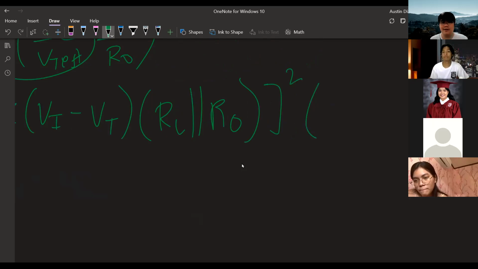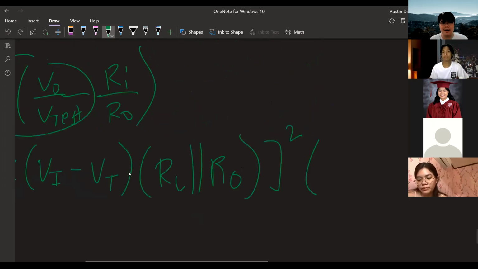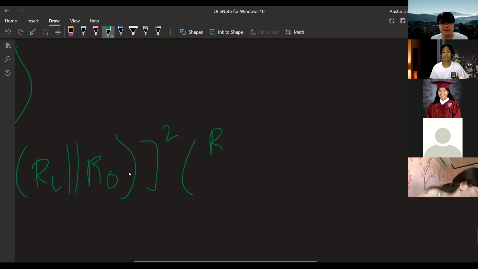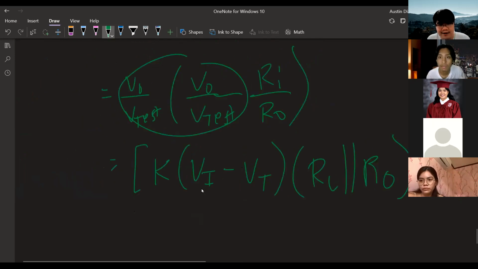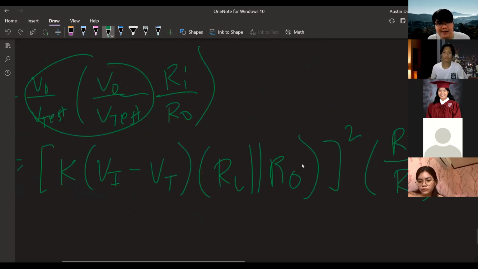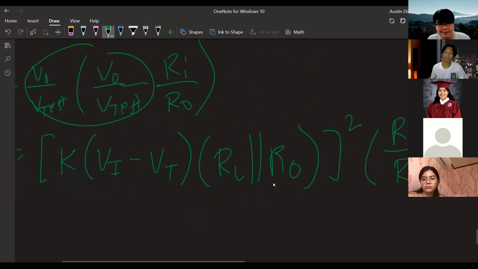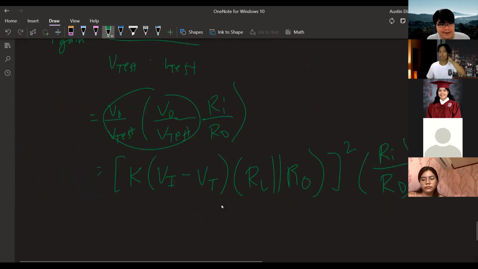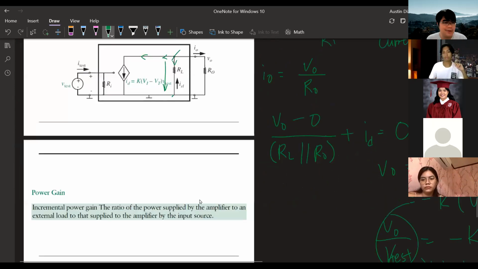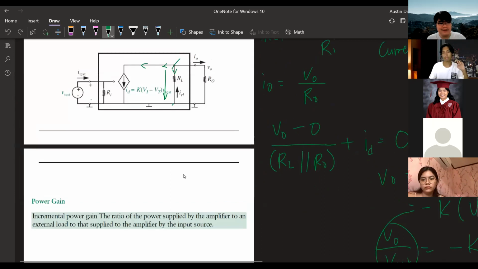And then, RI times RO. Okay. Ayun na siya. So, wala nang negative, no? Kasi may square naman. Ganun din. Ayun lang. Terminologies lang naman siya. Kasi minsan tinatanong, what is the power gain? Blah, blah, blah. Ganun.